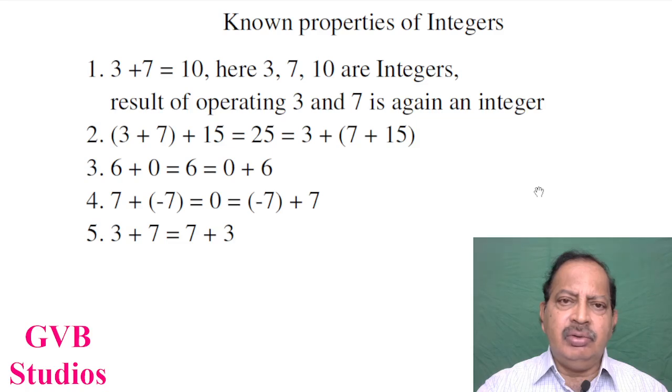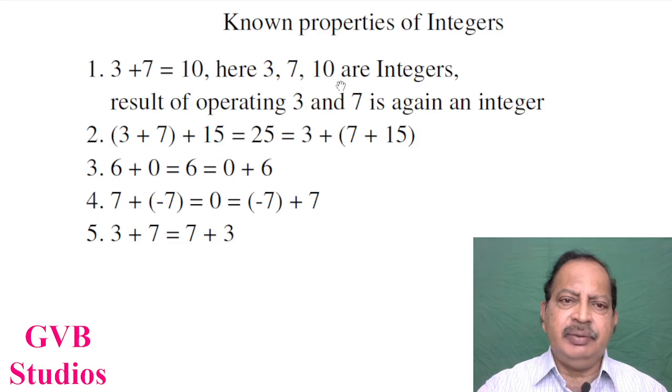Here we already know that there are integers or real numbers, and there is an operation called plus, or addition of integers. What are the well-known properties we use in our daily life? See this one: 3 plus 7 is equal to 10. Here 3 is an integer, 7 is an integer.